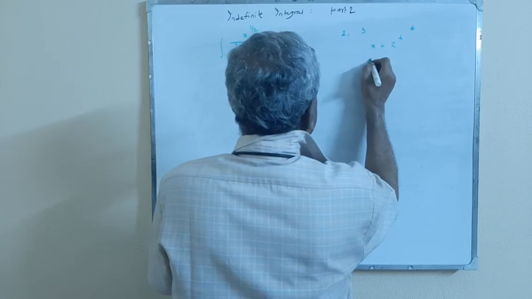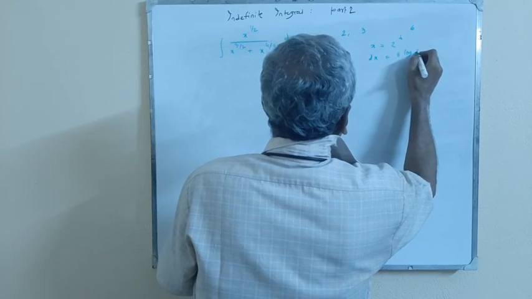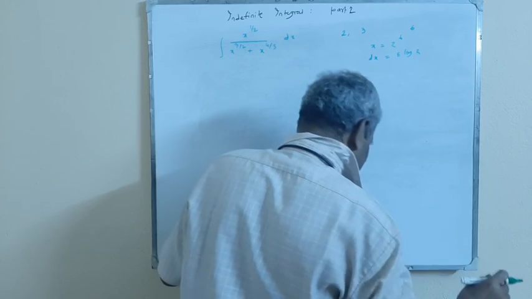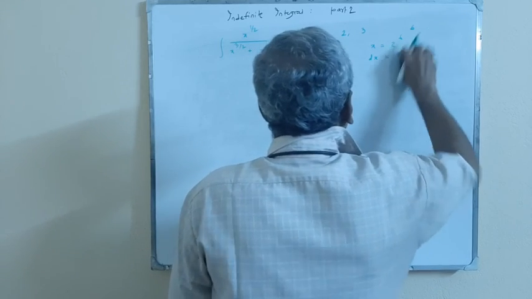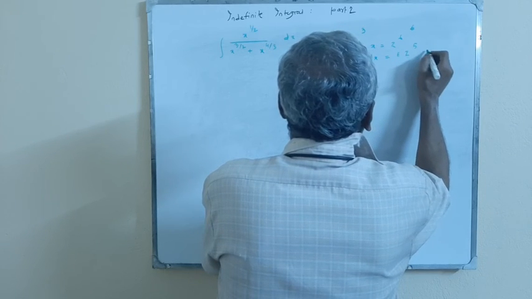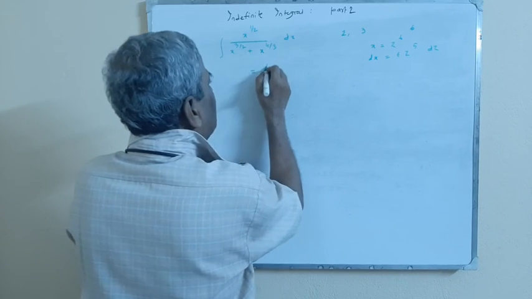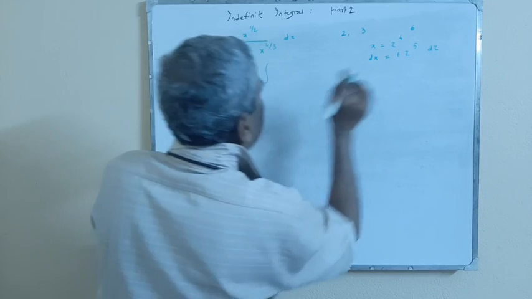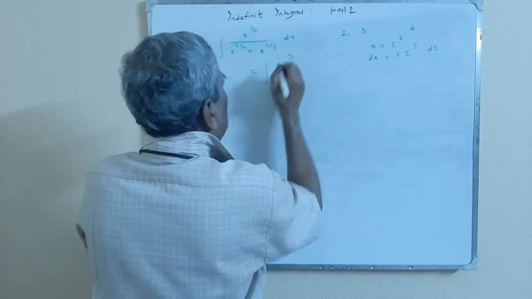And in that case dx is equal to, oh sorry, just 1 minute, it is 6 z to the power 5 dz. So x to the power half is z to the power 3, z cube.